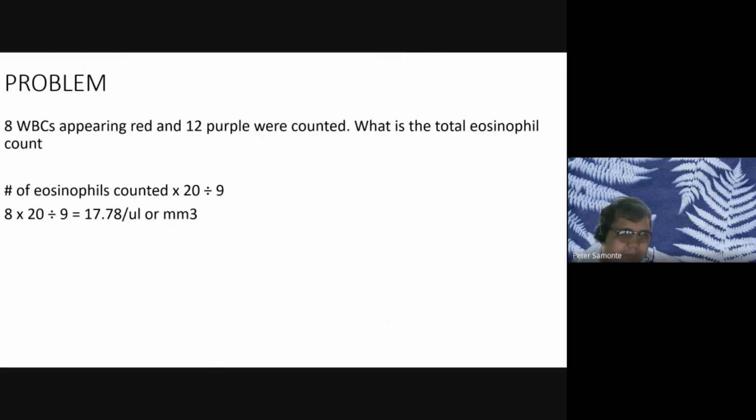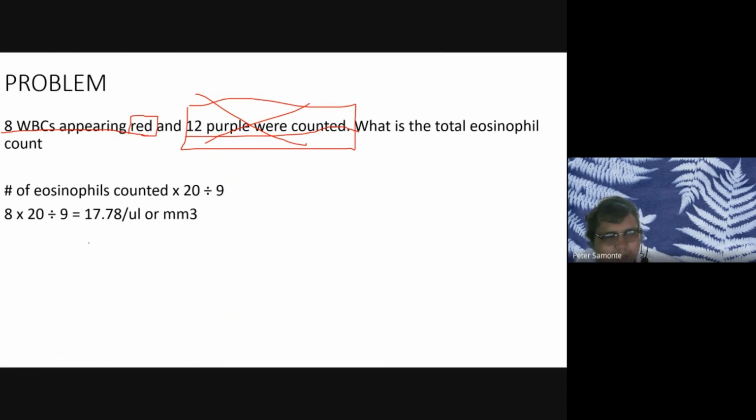Okay, here's an example, class. 8 WBCs appearing red and 12 purple were counted. These 12 purple ones don't count. I'm just adding that to confuse you, class. Remember, eosinophils would appear red because of the Fluxine dye. So we have 8 times 20 divided by 9.